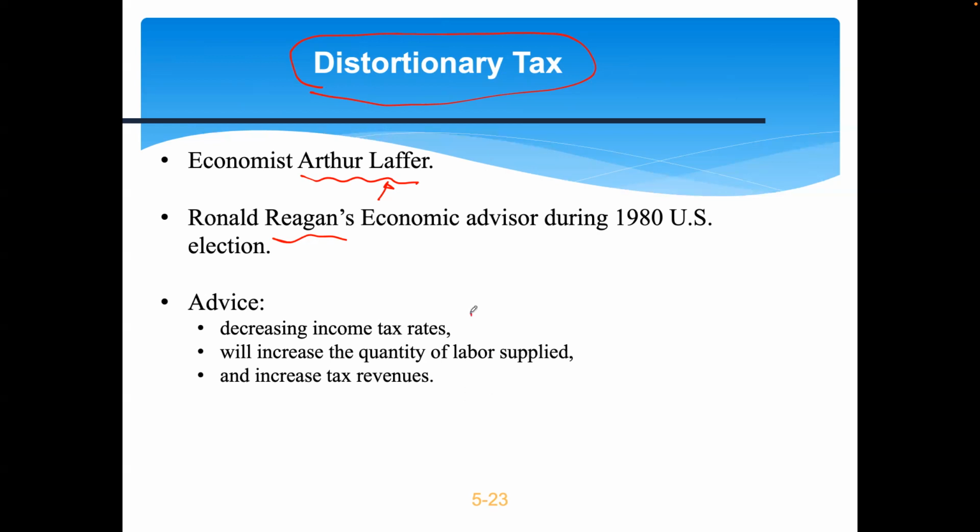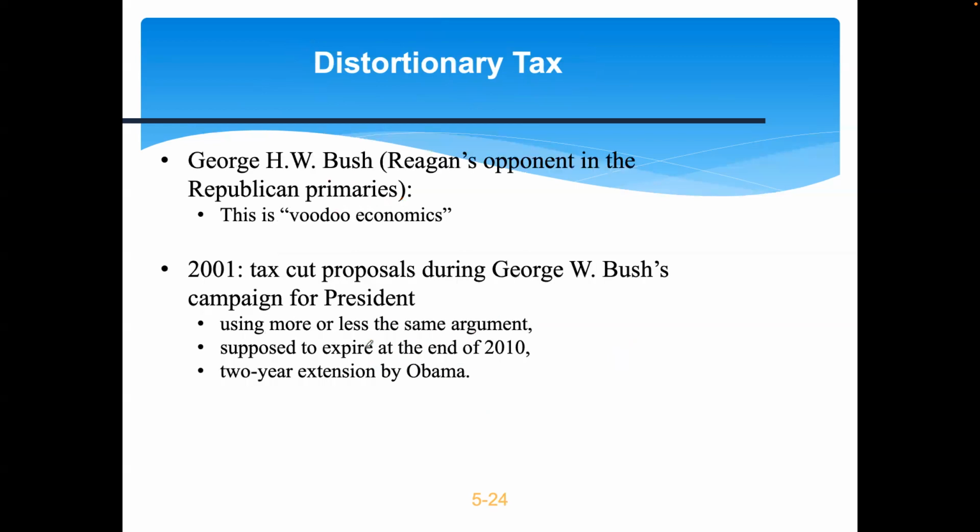First, decrease income tax. Secondly, this decrease in income tax will increase the hours worked. And overall, this is going to increase the tax burden. Or in other words, a lower tax rate does not necessarily mean a lower tax burden. Right, so this is Laffer's argument.